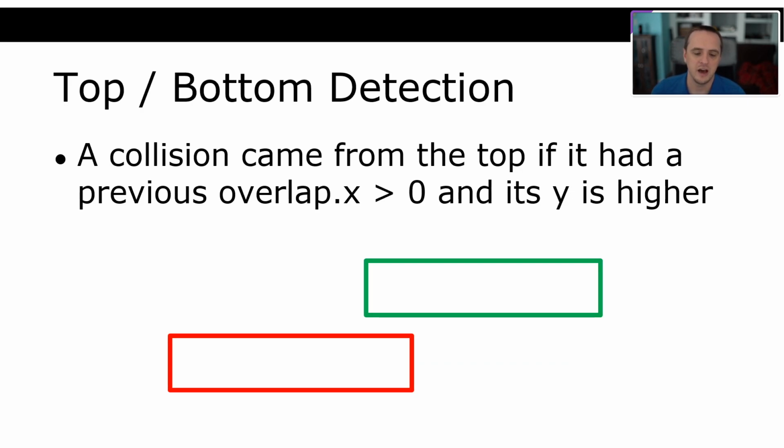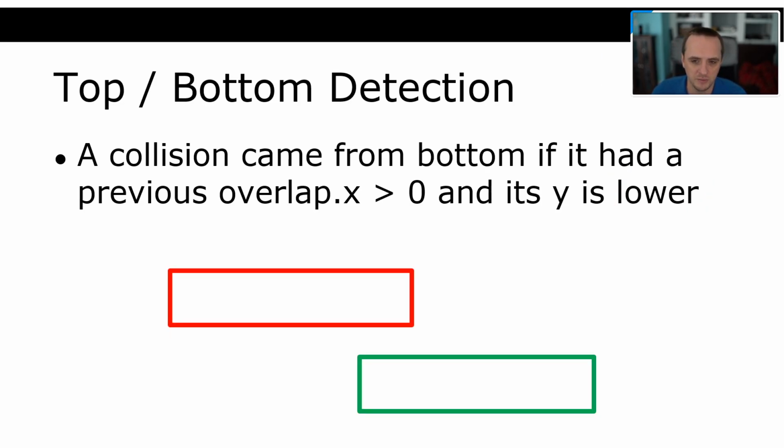So now that we know whether it came from a side or from the top or the bottom, we can actually do things like top or bottom detection. So a collision came from the top if it had a previous overlap's X value greater than 0 and its Y value is higher. Okay, so here I say higher, but in the game engine where we have 0, 0 in the top left, it would actually be lower. So just keep in mind that.